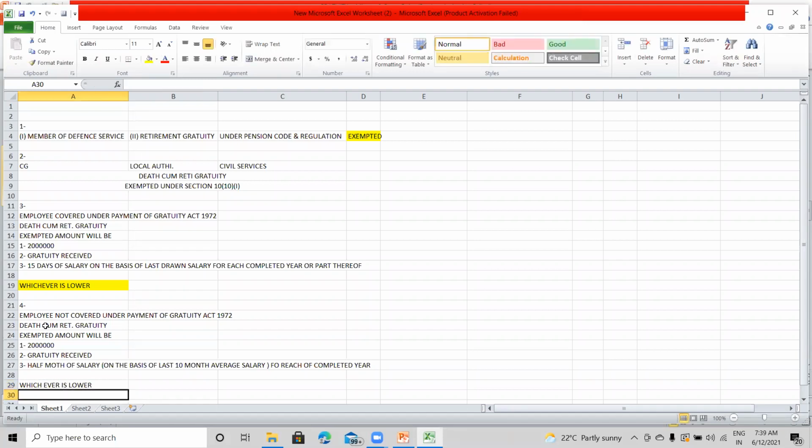Whichever is lower means, if there is any employee who is not covered under the Payment of Gratuity Act and he has received any death cum retirement gratuity, then the exempted amount will be 20 lakh rupees, or the amount of gratuity received, and the third point is half month of salary for each of the completed year, whichever is lower.